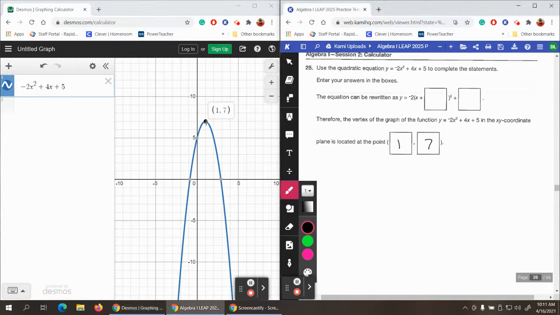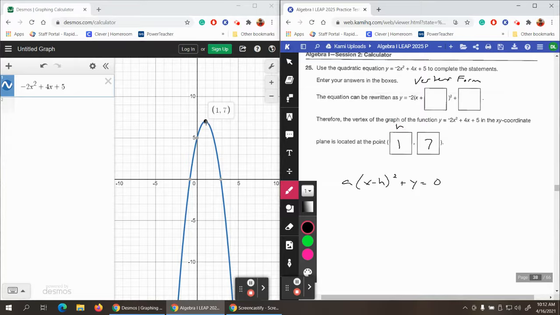All right, so what they're asking you to do is put this into vertex form, which is a(x minus h) squared plus k. Okay? They're asking you to put this in vertex form with your vertex, right?